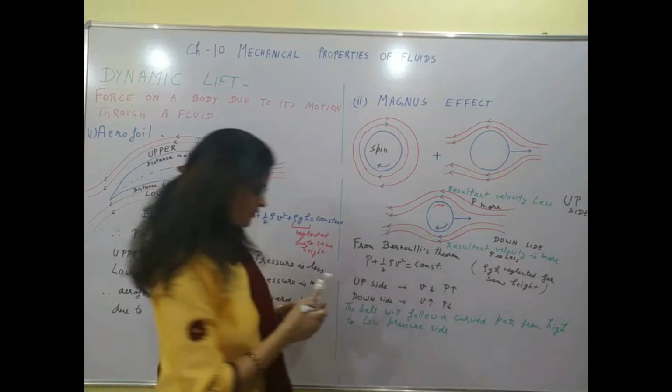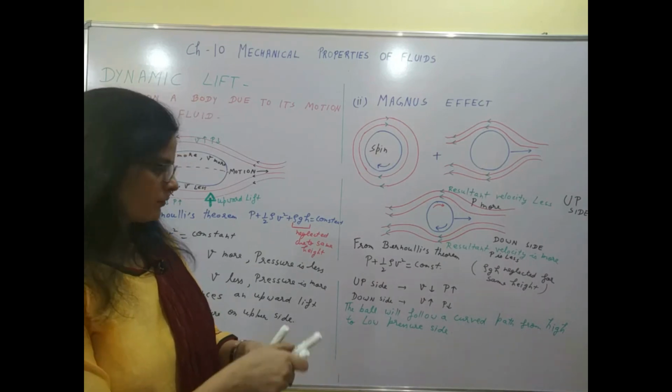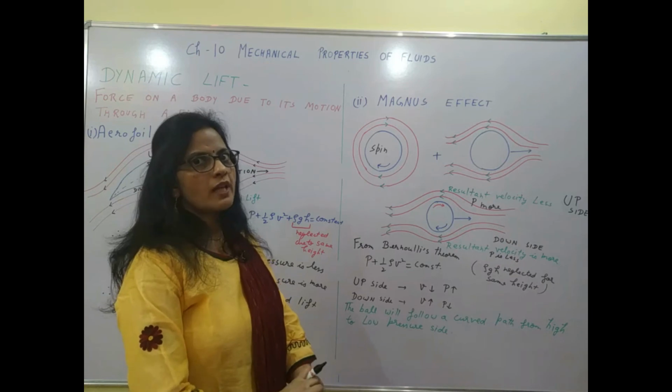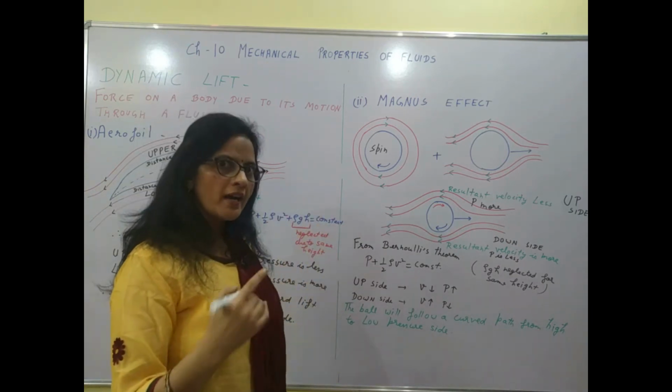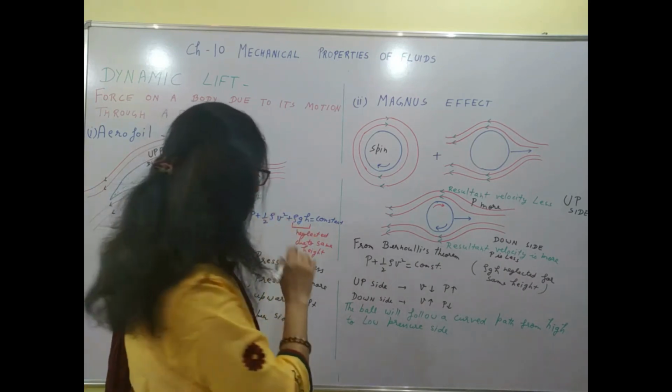So what is the Magnus effect? The lateral pressure difference which causes the ball to take a curved path with the curved side on the higher pressure side. This effect is called the Magnus effect.